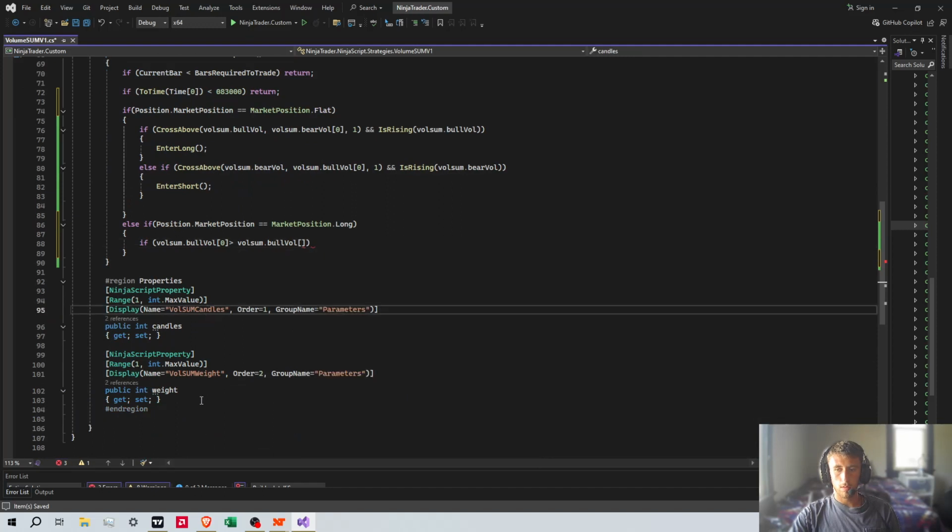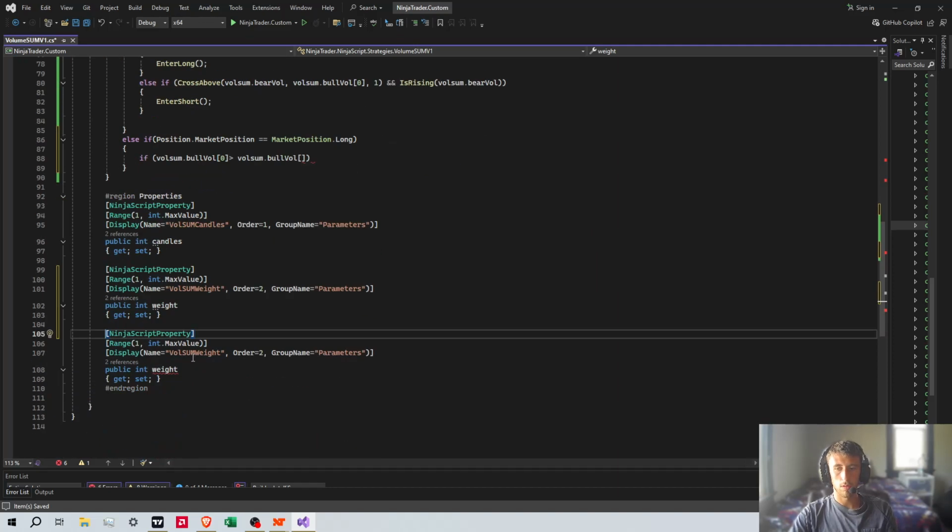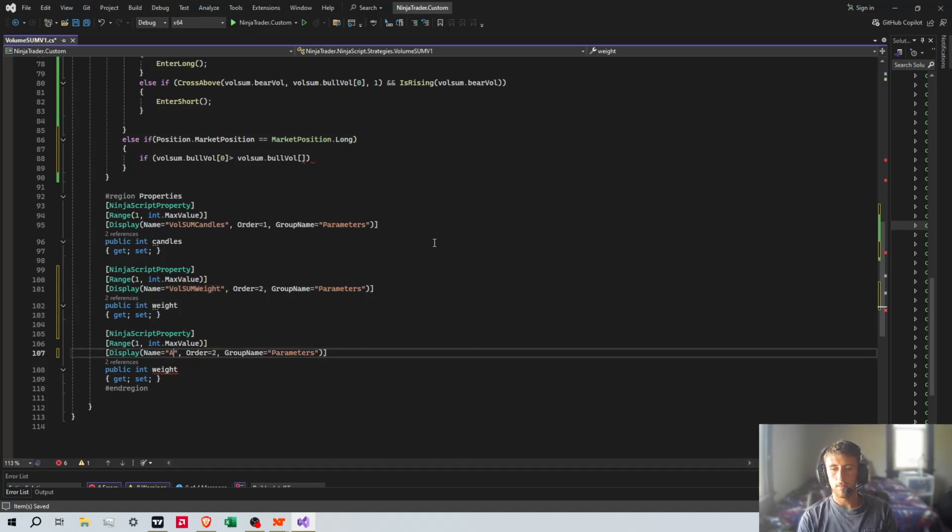also candles, also weight. Let's add something here so we can optimize it later. But this will be the candles for additional, check candles for additional entries.